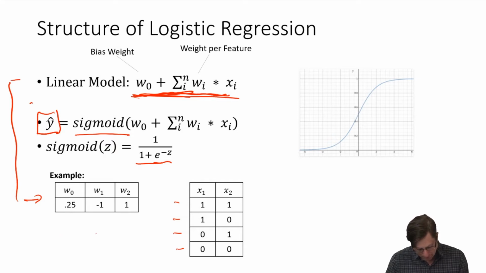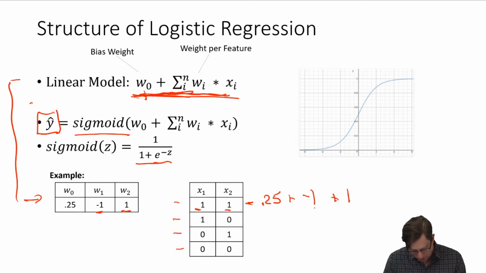If we're talking about this first one, we'd say 0.25, because that's the W0, plus then weight 1 is -1 and x1 is 1. So we multiply those, so we add -1 times 1, so plus -1. These would cancel out, and the answer here is 0.25 is the output of the linear model.